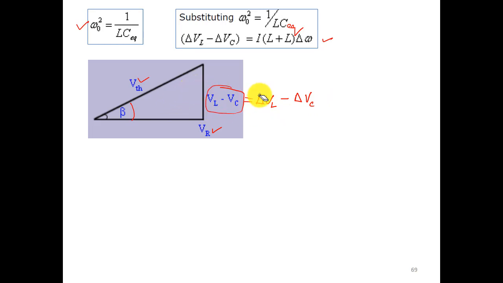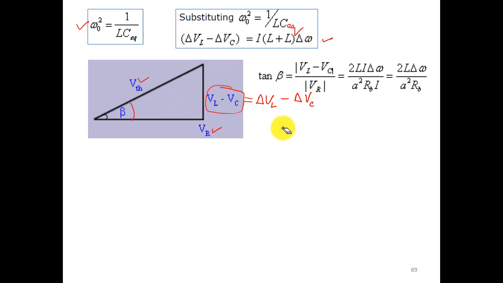So now beta, how can we define it? I can write tan beta is equal to the magnitude of VL minus VC by the magnitude of VR.